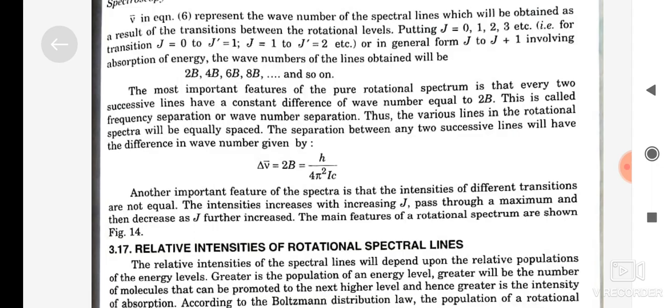Another important feature of the spectra is that the intensities of different transitions are not equal. The intensity increases with increasing J, passes through a maximum and then decreases as J is further increased. The main features of rotational spectra are shown in figure 14.